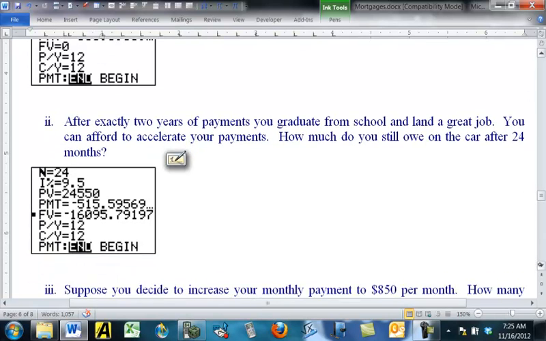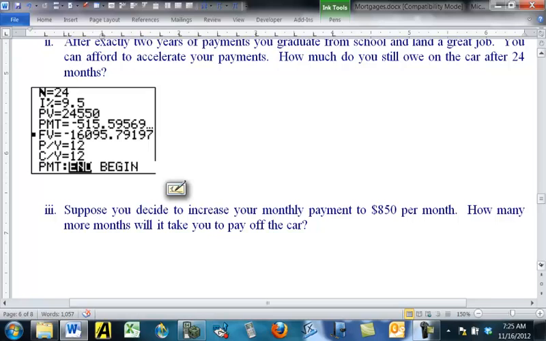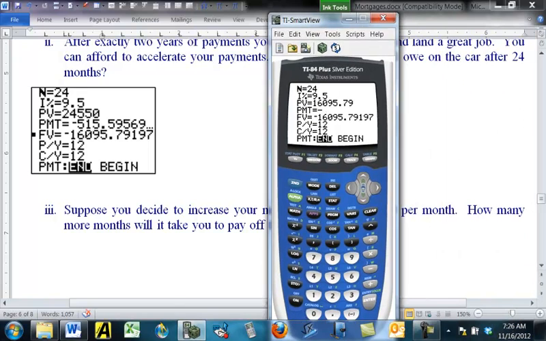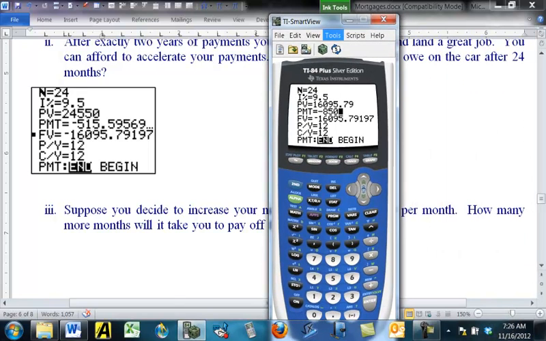Alright, now, suppose you want to increase your monthly payments to $850. How many more months will it take to pay it off? Okay, so what I have to do is now the new principal is the $16,095.79. Our new payment, negative, what did we say it was going to be? $850. So our new budget allows us to make more money, so we can do a new budget.